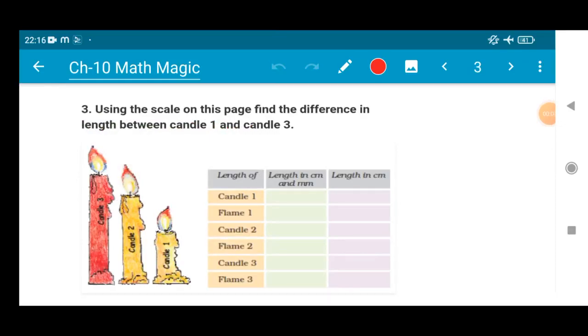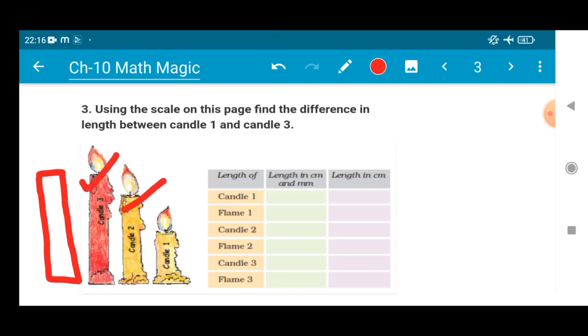Using this scale on this page, find the difference in the length between candle 1 and candle 3. So over here I will not be able to solve this, but you people can do it very nicely, taking the help of a scale, measure the length of candle 3, candle 2 and candle 1, and whatever they have asked us to do, that we have to do.